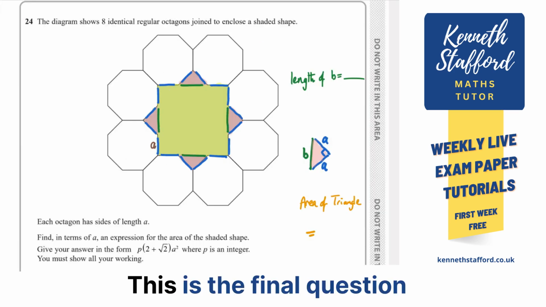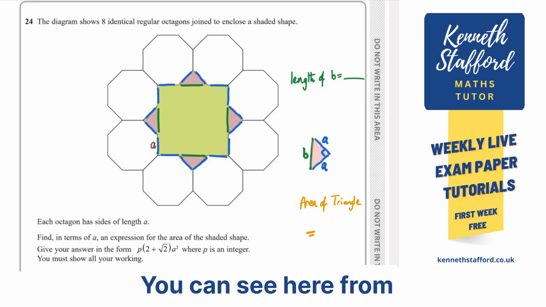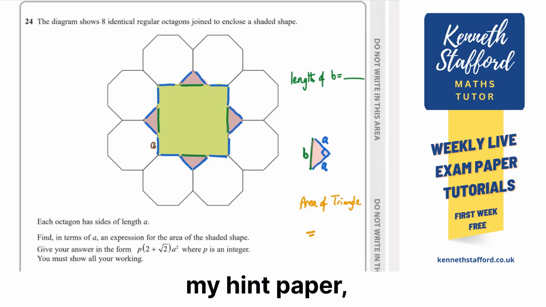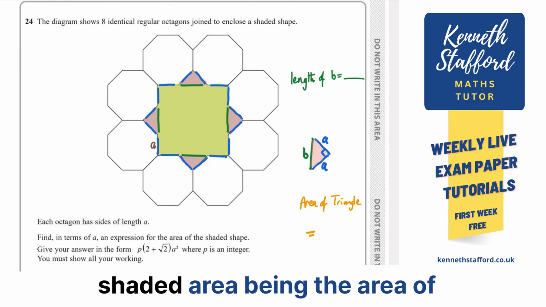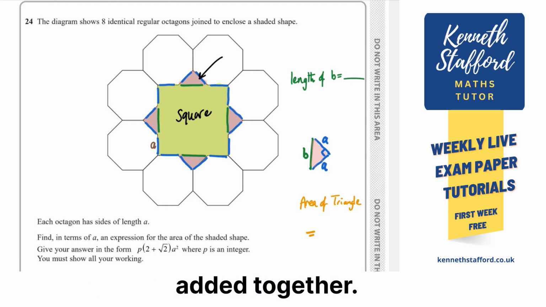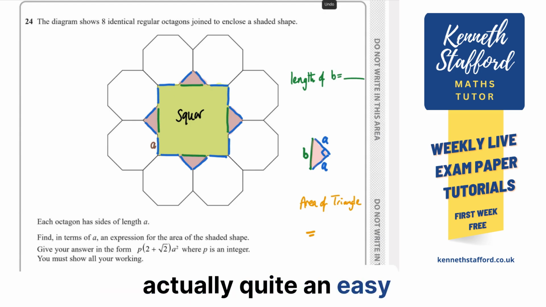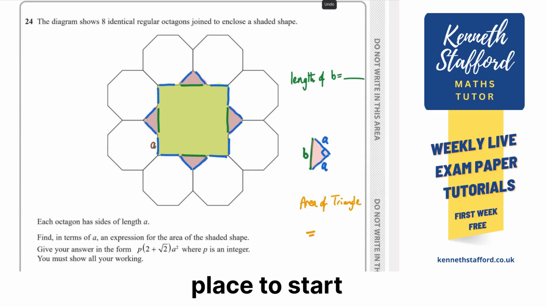Question 24, this is the final question on the paper, and it's quite tricky. You can see here from my hint paper, I'm kind of thinking of this shaded area being the area of this big square plus the area of these 4 triangles added together. So the area of the triangles is actually quite an easy place to start.